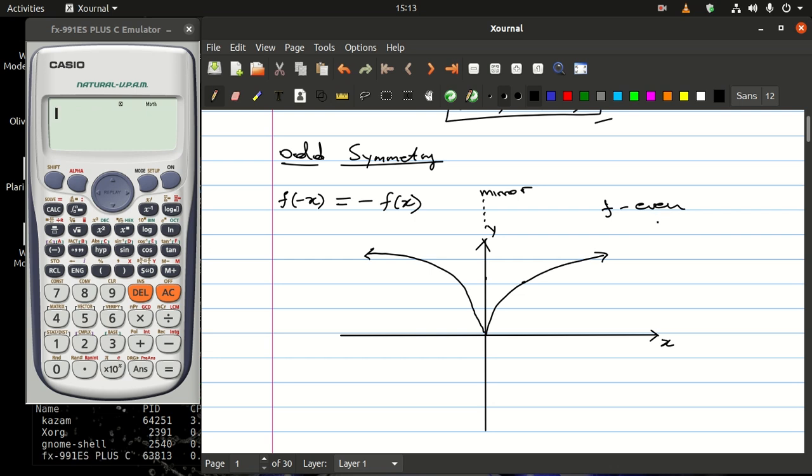Now, what about odd? When we are talking about an odd symmetry, if this function has odd symmetry, what I need to do, I'm talking about odd now. If this is a mirror, how would this curve look?